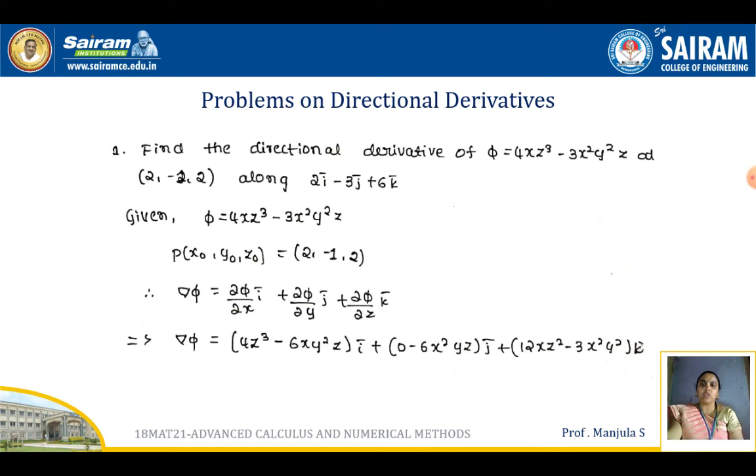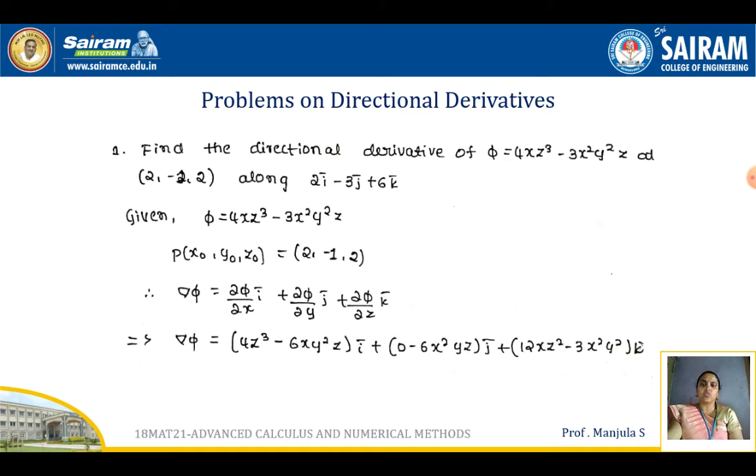So here we have to find the directional derivative. Phi is given at the point (2, -1, 2) and the direction vector is also given. First we write the given phi value, 4xz cube minus 3x square y square z. Next the point is (2, -1, 2).